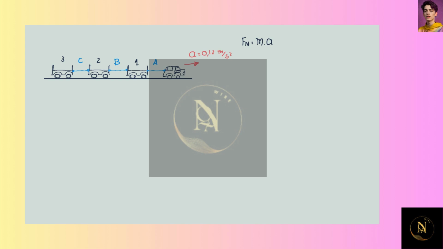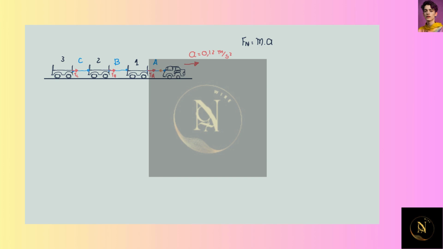Keep that in mind. In this question, we have three bars that are coupling the cars. Let me say that we have a tension here in bar A, this is tension A. We have a tension here in bar B, this is tension B. And we have here a tension C in bar C. Of course, there are the reaction forces of those tensions.